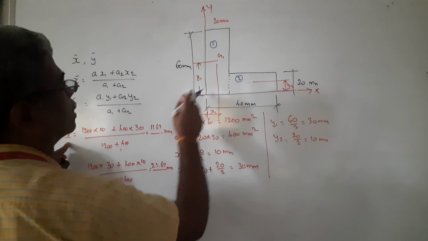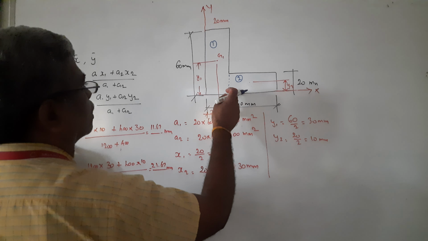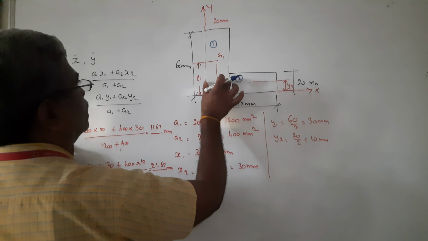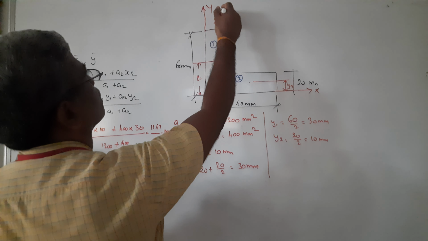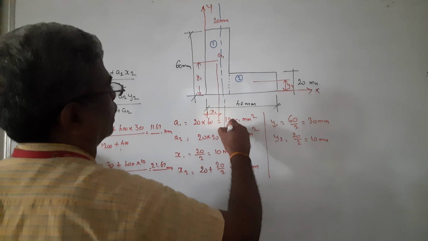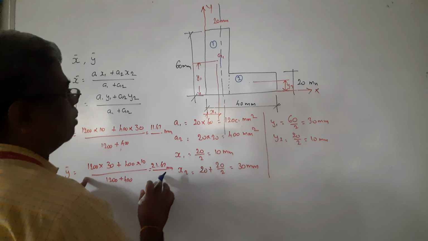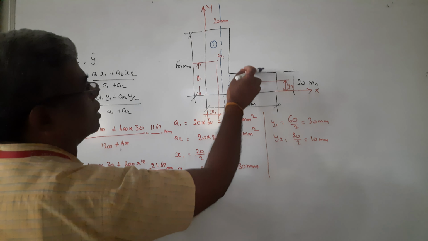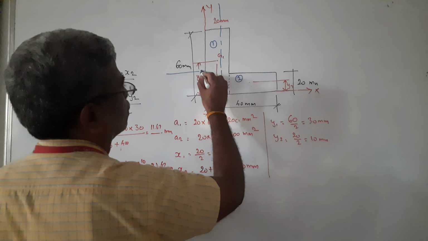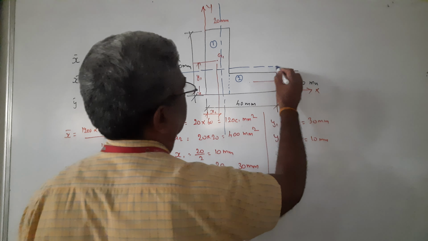So x bar, you read towards x from the reference axis. So you assume that this is 10 and 11 means above this. Okay, and y bar is 21, just above this point, because this is 20, that should be above this line.